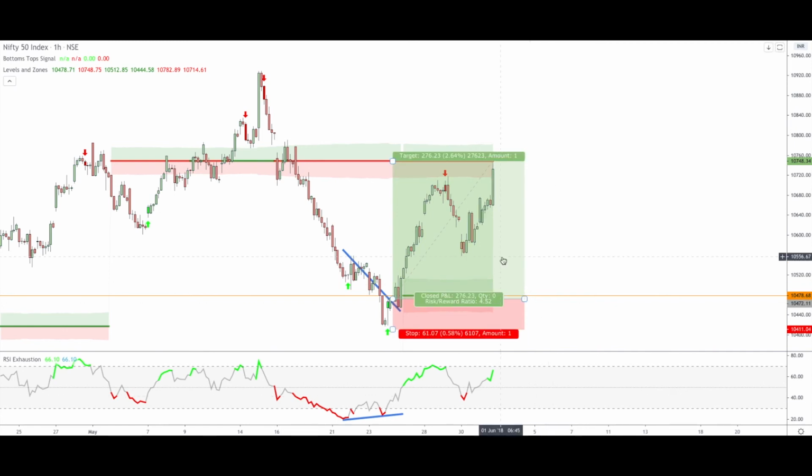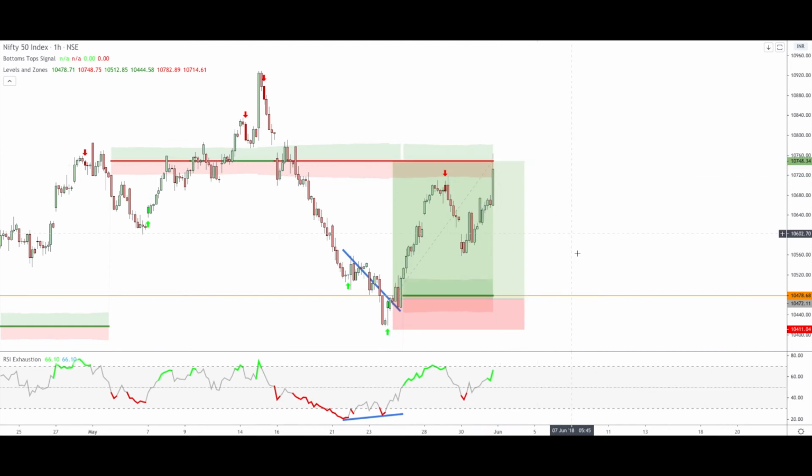Do you see what happened, guys? Our trade is over with a 4.5x return. Actually, it's more than a 4.5x return. But how many traders got out here?